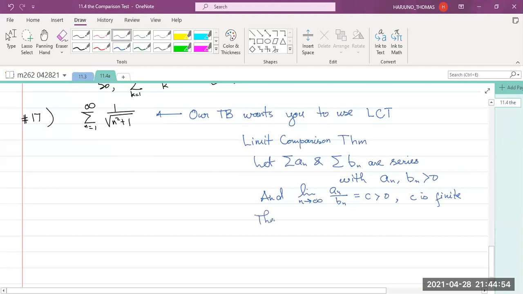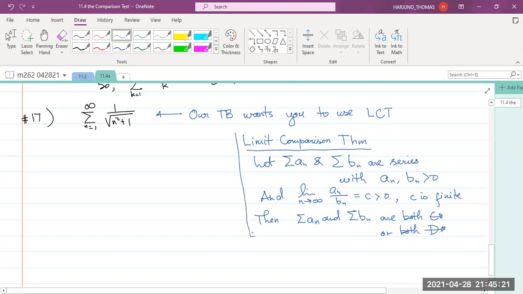Then these two series are both convergent or both divergent. Very similar to the integral test. Okay, now that's what they want you to do.